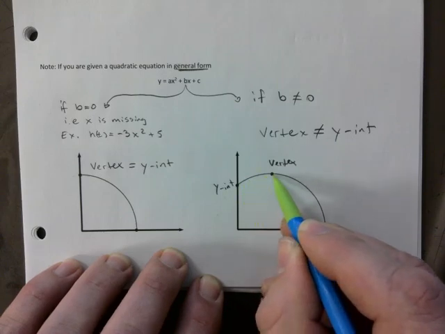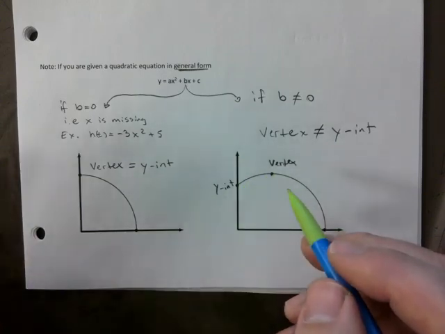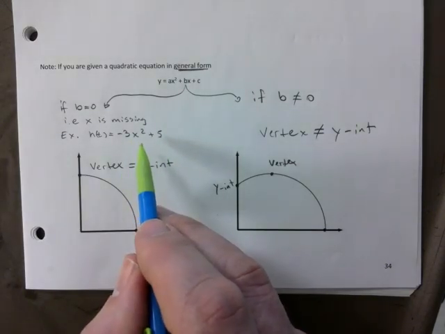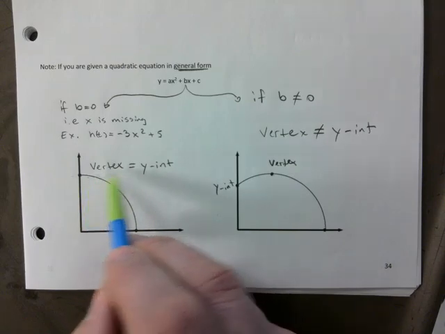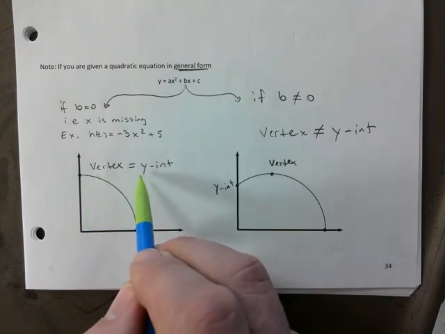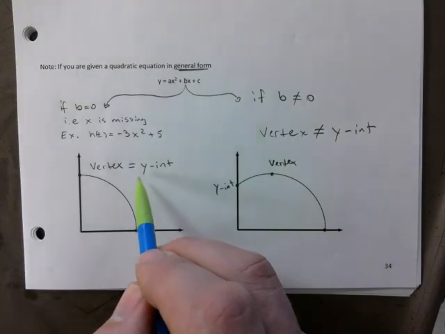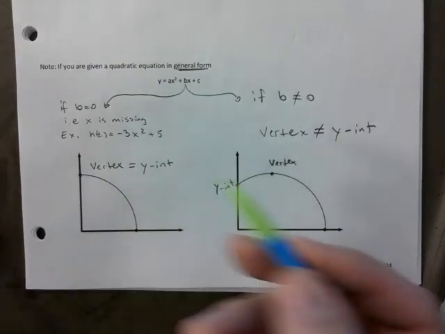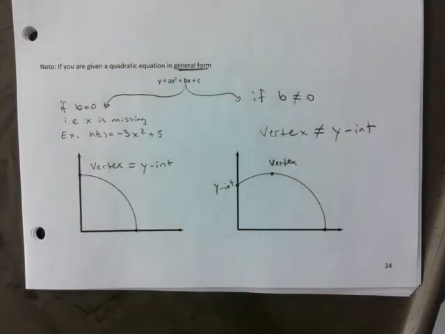It goes up slightly. I need you to know that because sometimes students are confused about it when they find the y-intercept. They're like, how come Mr. Dirksen, the y-intercept is the same as the vertex? Don't be alarmed by it. It could happen. Okay, so the vertex is the y-intercept. That's all I wanted to throw in there. And you might forget about it, but later on, at least you've heard me say this.